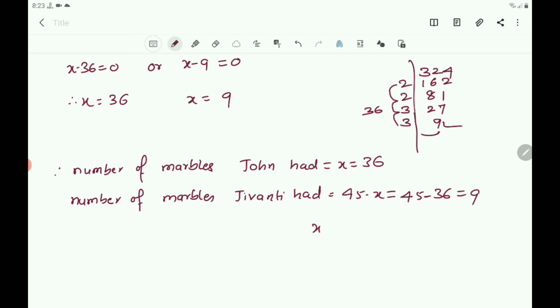Or if you take x equals 9, then the number of marbles with John becomes x, that equals 9, and 45 minus x, that is 45 minus 9, equals 36.